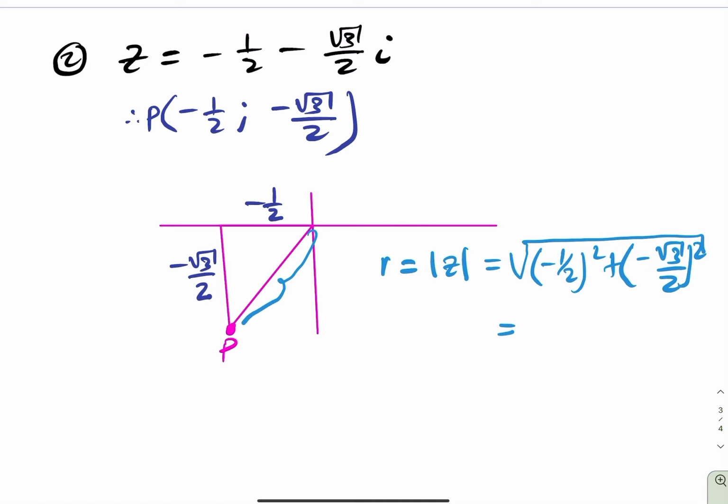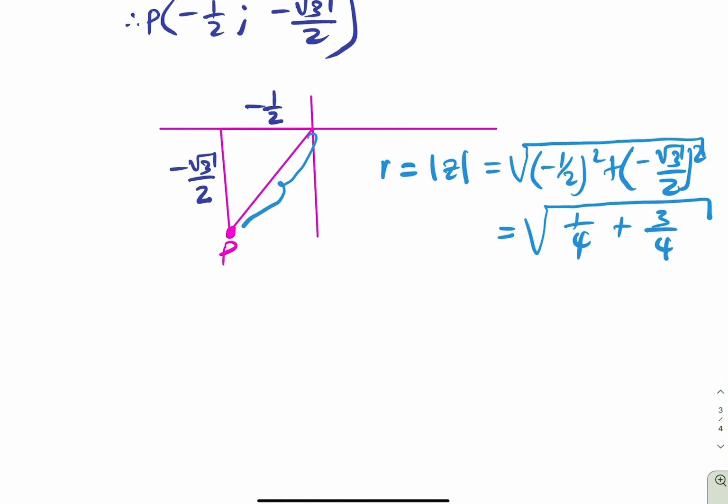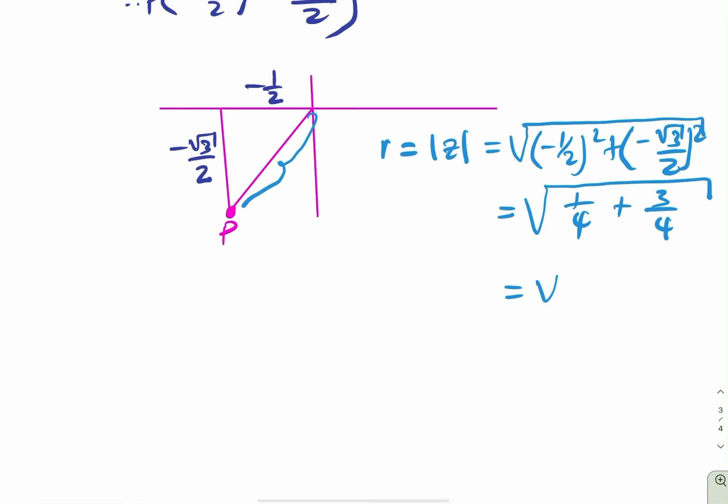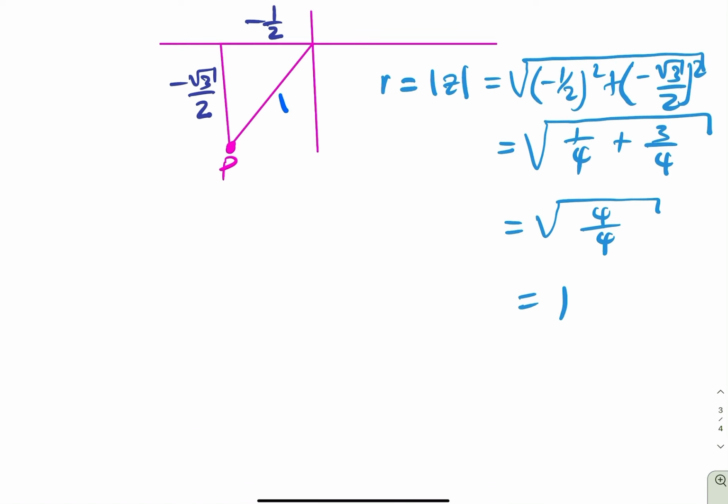As a result, this becomes a quarter, plus 3 over 4. So you get 4 over 4, which gives you 1. So this particular length is 1 unit. So that is your r.